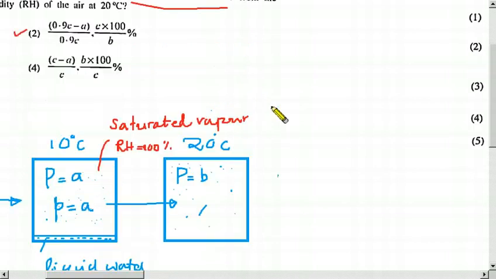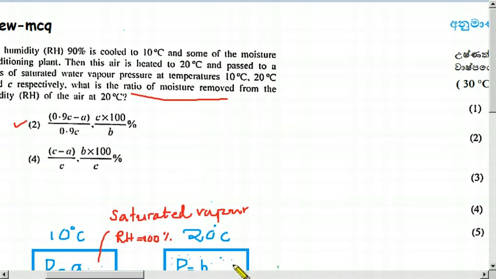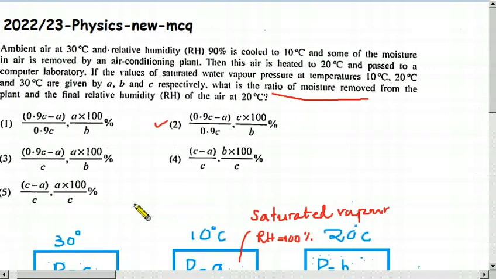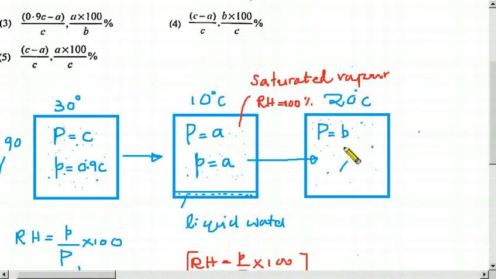So let us now try to solve the second part of the question. What is it? The final relative humidity of the air at 20 centigrade. 20 centigrade is this one.